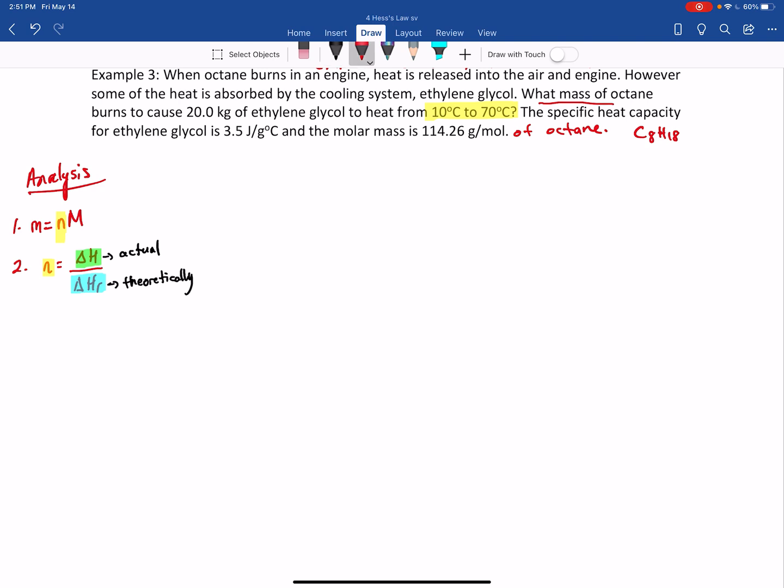All right, so let's come up with our equations here. For the enthalpy change involving a calorimeter, we had said that it's equal to the negative heat of the surroundings, which is equal to negative mc delta T. Now in this case, the surroundings are the ethylene glycol cooling system.